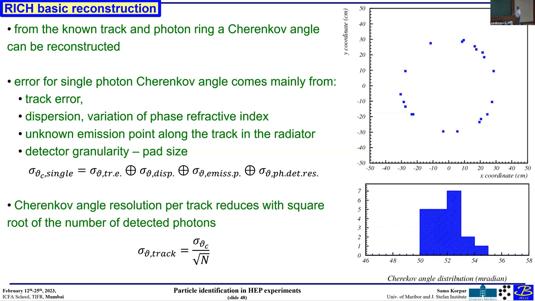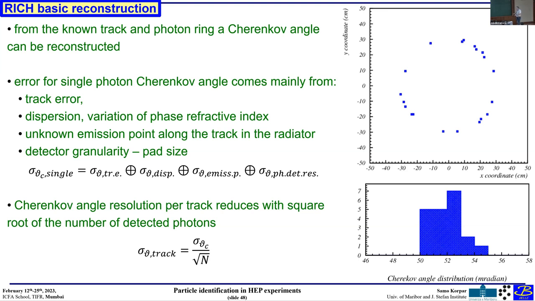Now, when you reconstruct, the basic reconstruction is to reconstruct the Cherenkov angle. You have a track. In a proximity focusing detector, you know approximately where the Cherenkov photon was emitted, and you also measure the point where it was detected, and you have the track direction, so you can calculate the Cherenkov angle.